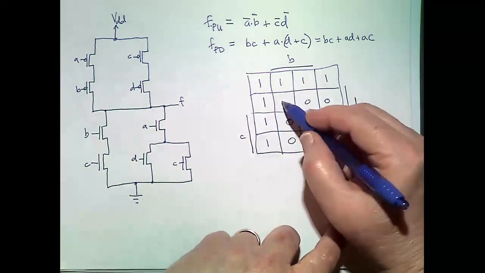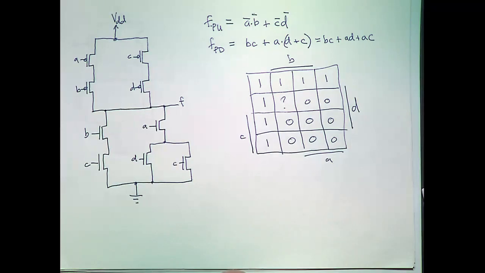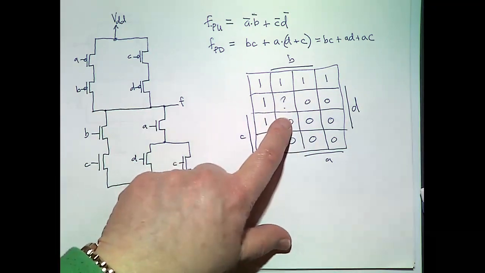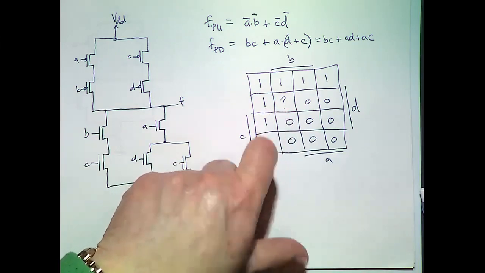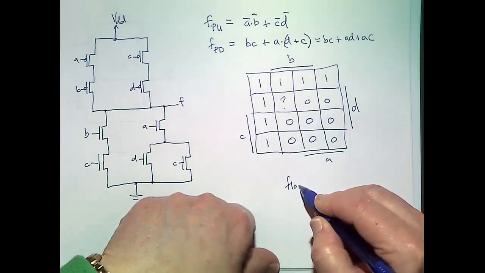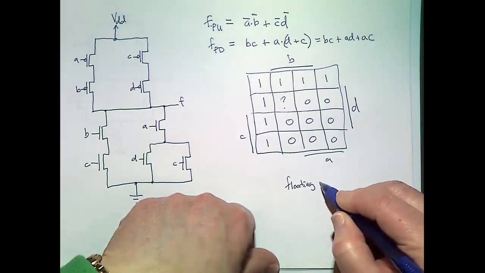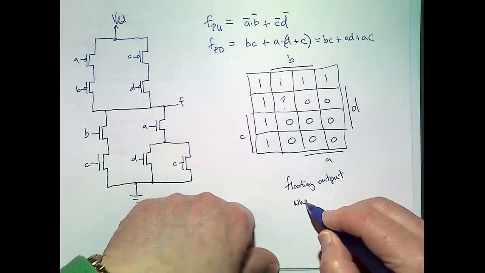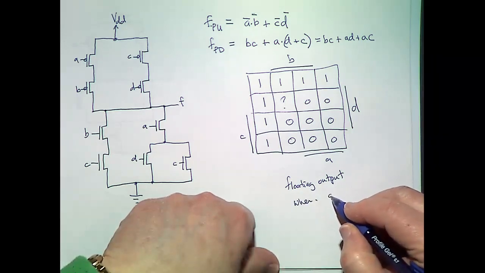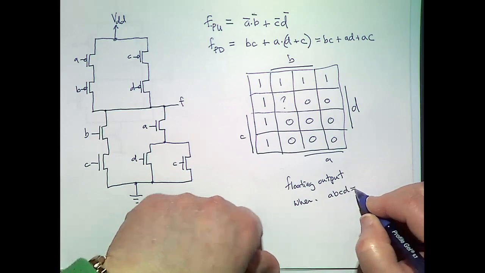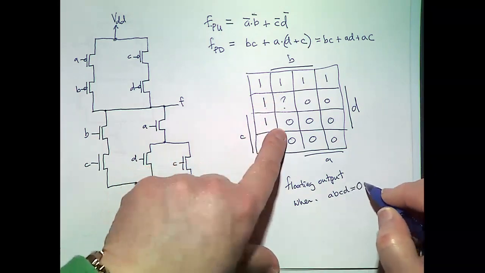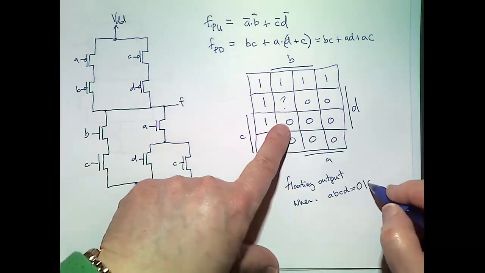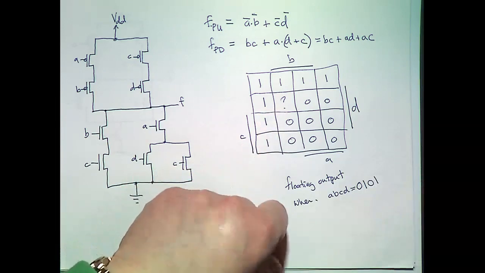Okay, so there is the pull up and pull down. Neither are connected here. So we have what we call a floating output. When, let's see, A is 0, B is 1, C is 0, and D is 1.